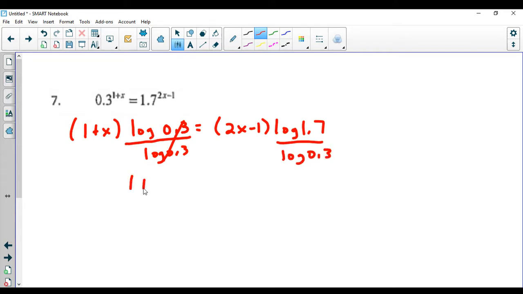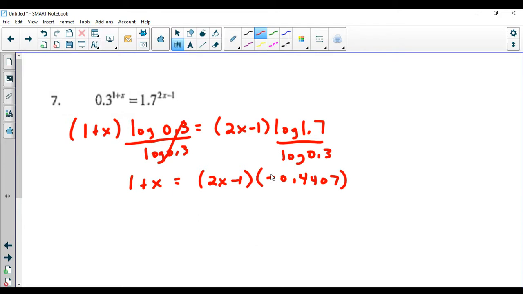So that leaves me with 1 plus x on this side. Over here, I still have 2x minus 1, and now it's times whatever this decimal value is. So I'm going to punch in whatever the log of 1.7 divided by the log of 0.3 is. And that gives me a negative 0.4407.